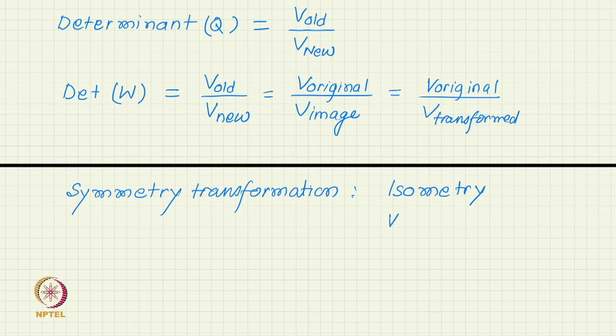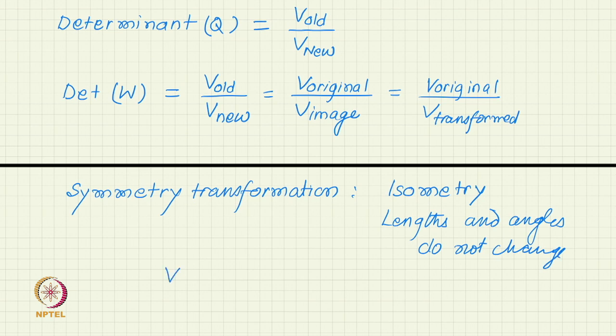So, isometry, V old has to be equal to V new.